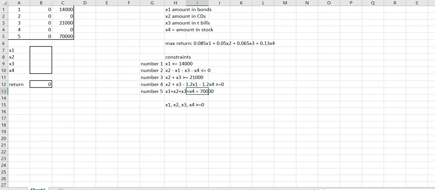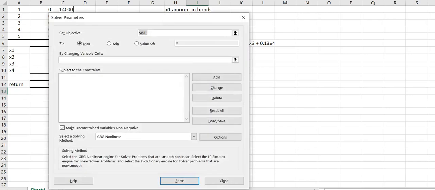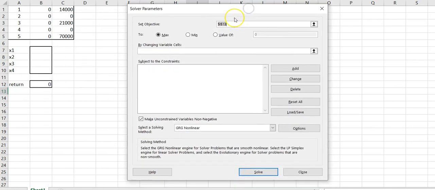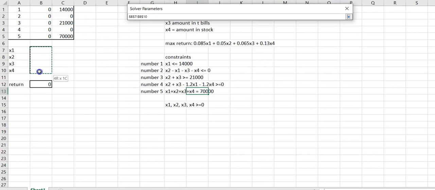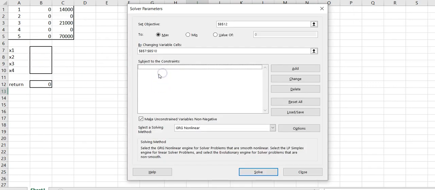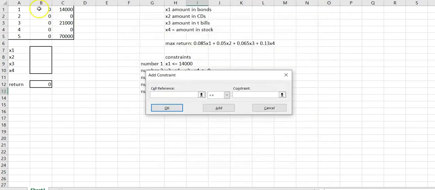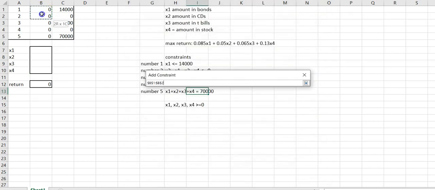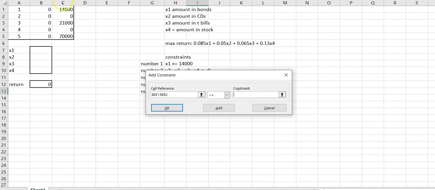Okay, so we're going to click our data solver, our objective B12, maximize return. Return means how much profit you bring in. Our variable cells are the decision variables. Our constraints. Okay. Now, B1 and 2 are less than C1 and 2.